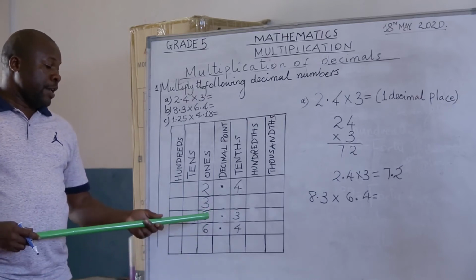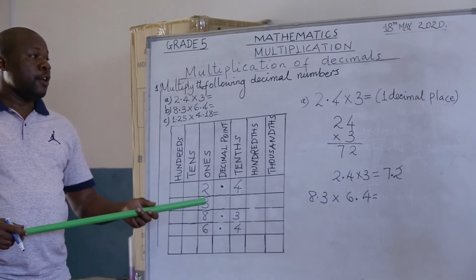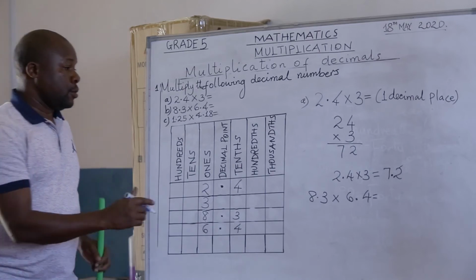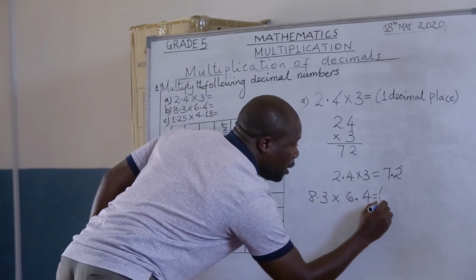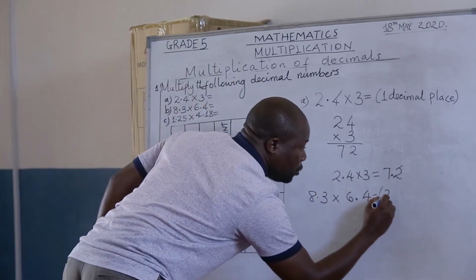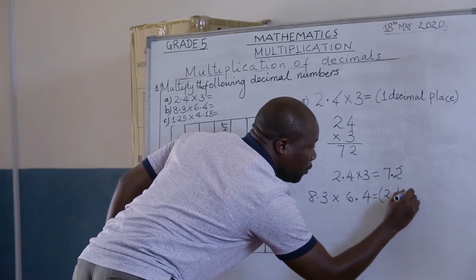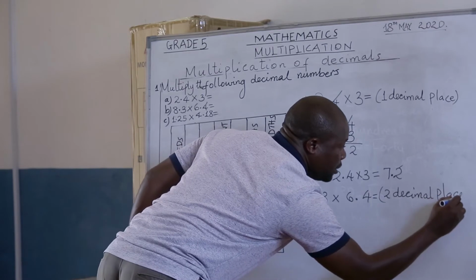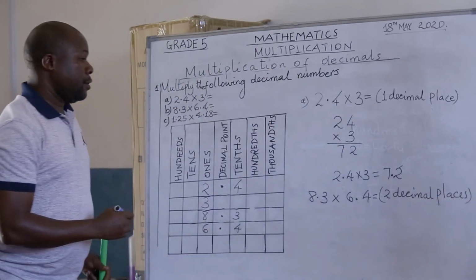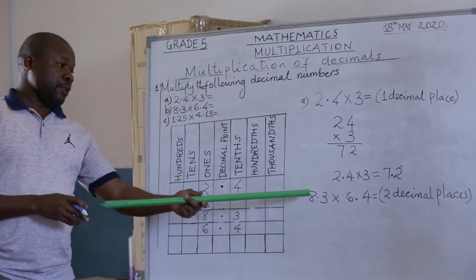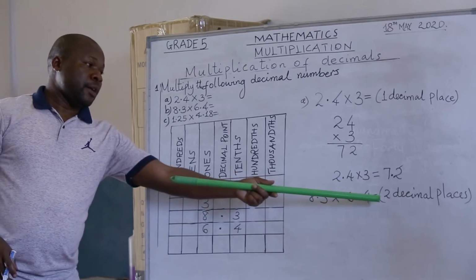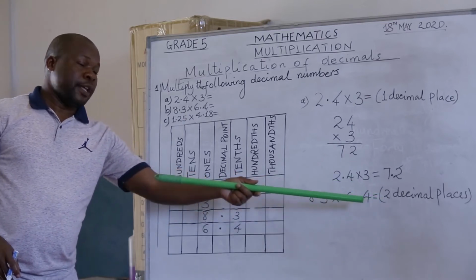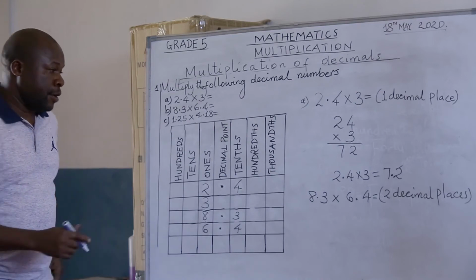So that gives us the number of decimal places. I will say my equation has got 2 decimal places. So during my multiplication, I will remember to have 2 decimal places in my final answer.